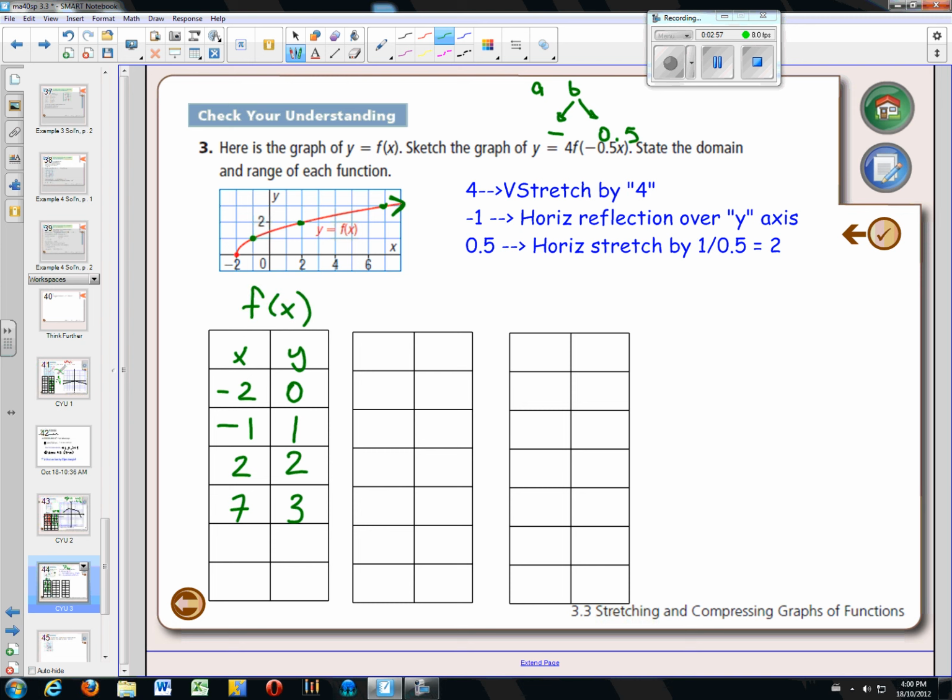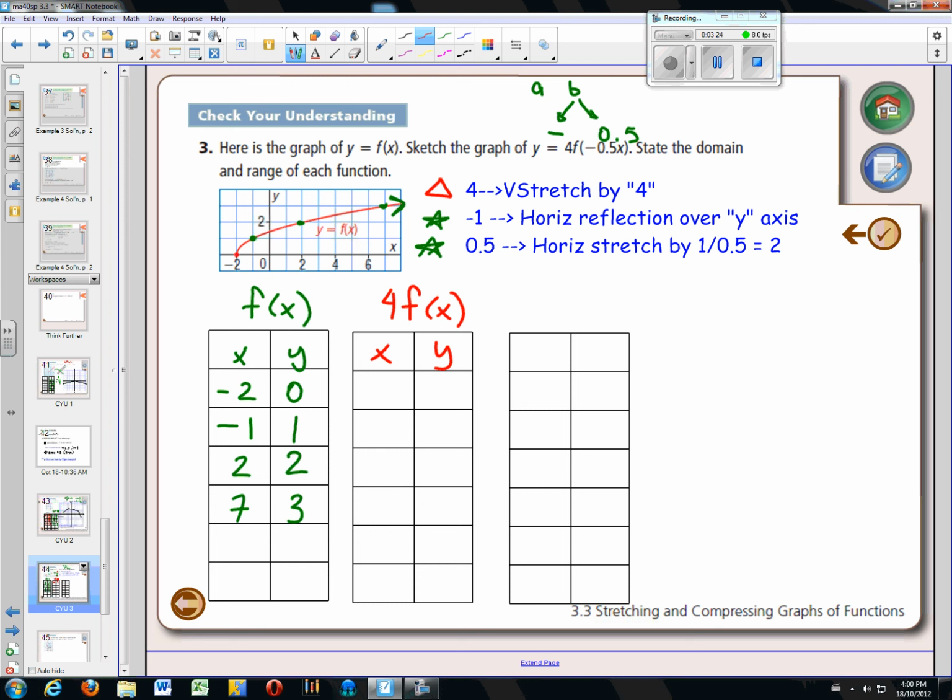Let's make a change. Notice that there are 2 horizontal effects. I'll put a star beside the 2 horizontal changes. And there's 1 vertical change. I'll put a triangle over here beside the vertical change. I will do the vertical change first, the 4f of x part. 4f at x.